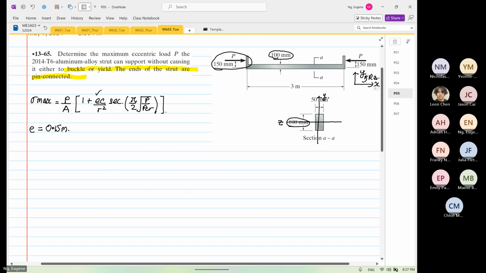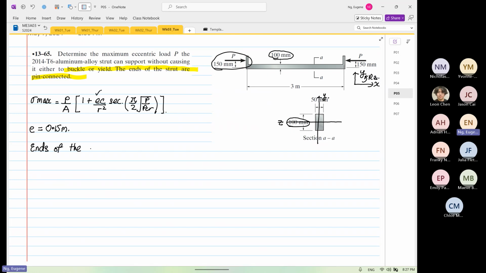Now given to us, the ends of the truss, the ends of the structure, are both what? Pinned.